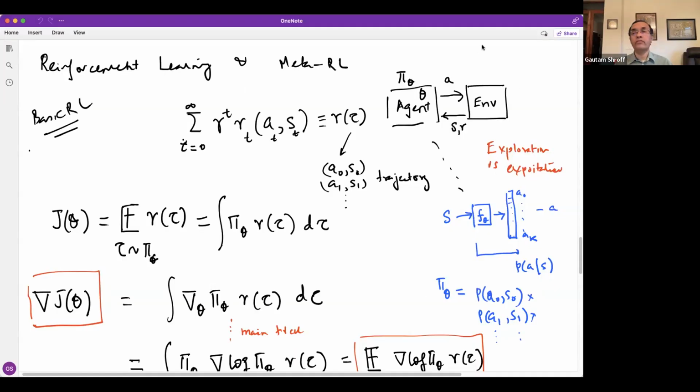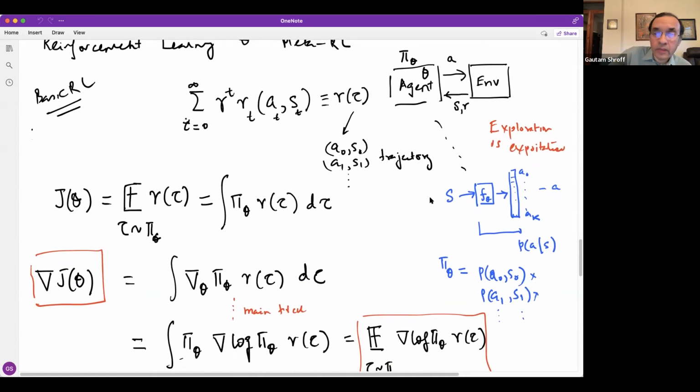So just to quickly review what we did last time. We were doing a brief, very quick introduction to RL. The idea is that there is an agent in an environment. The agent is acting. It's observing the state of the environment and then taking actions based on that state.